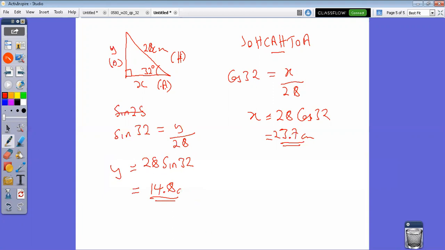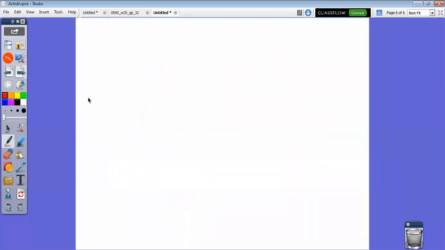Maybe I'll just send you a worksheet over the weekend to calculate this. Then the last thing that we want to look at, which we'll look at on Monday or Tuesday, I'm not sure when we meet, is what we call the sine rule.